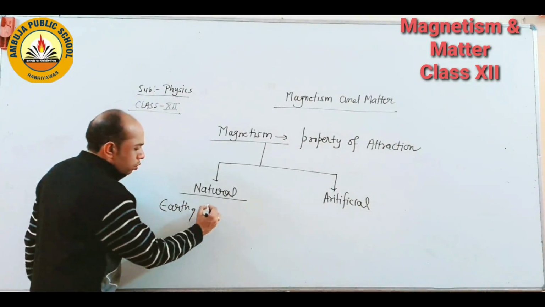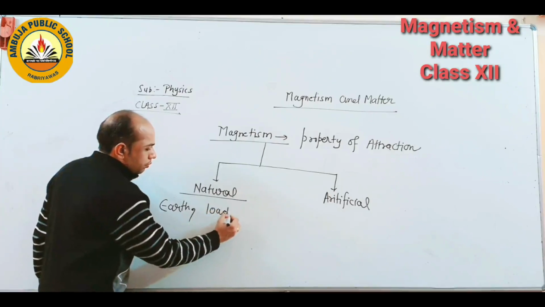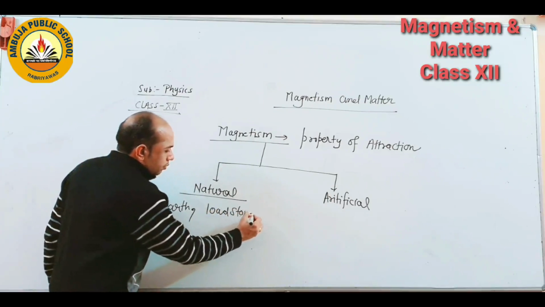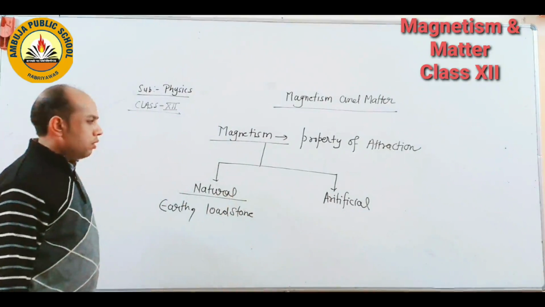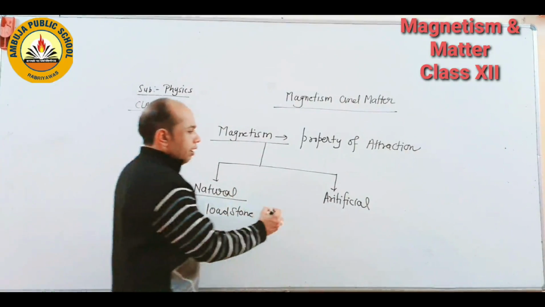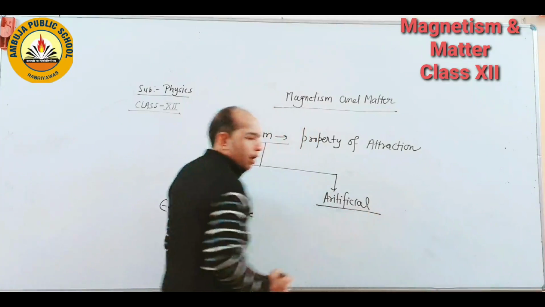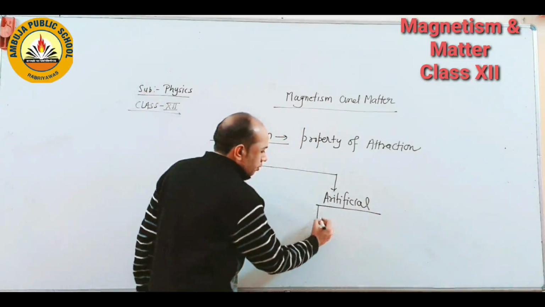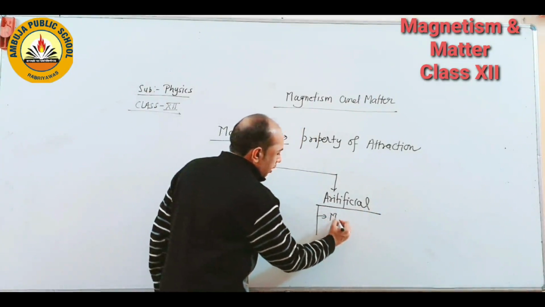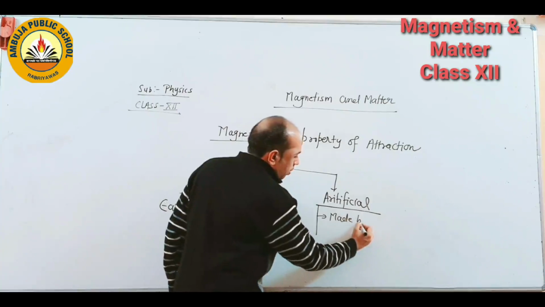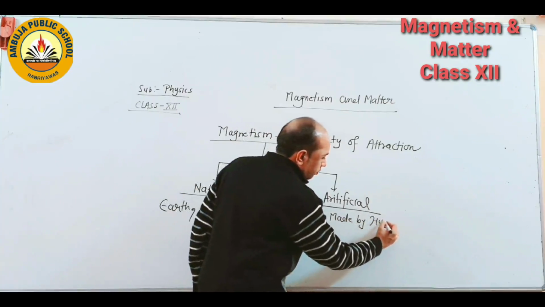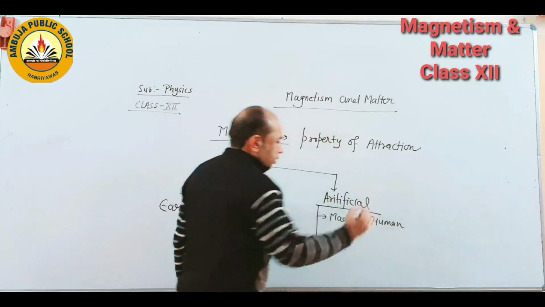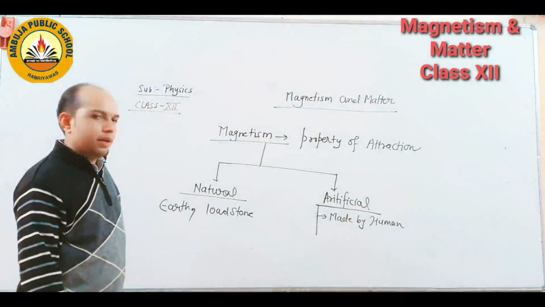Similarly, lodestone is also called a natural magnet. And artificial magnets are those magnets which are made by us, made by human beings. This is called an artificial magnet.